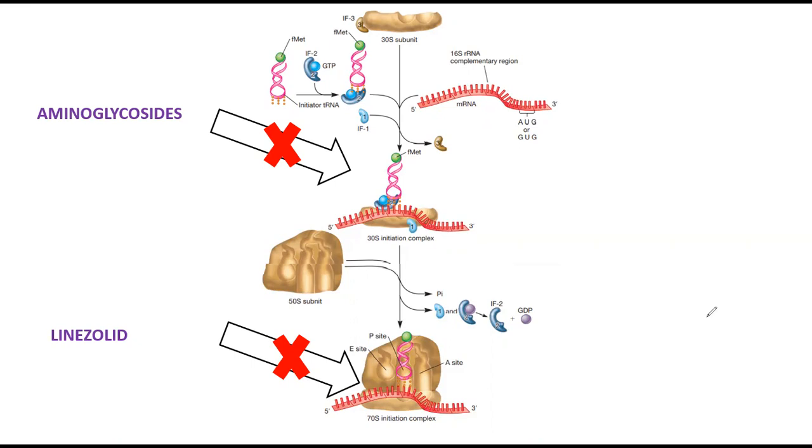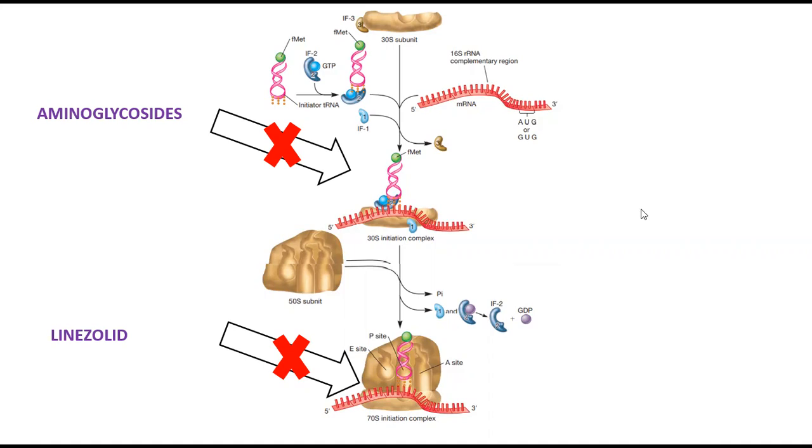They bind to the 30S ribosomal subunit, so the messenger RNA cannot bind to it, no initiation complex can be formed, and the translation process cannot proceed. So aminoglycosides have a very important and unique function: they block the formation of the initiation complex by binding to the 30S ribosomal subunit.